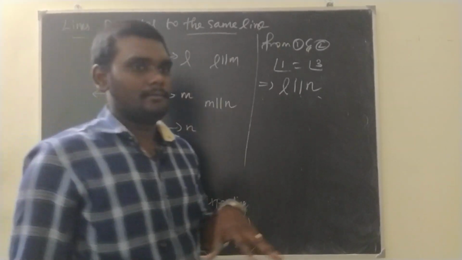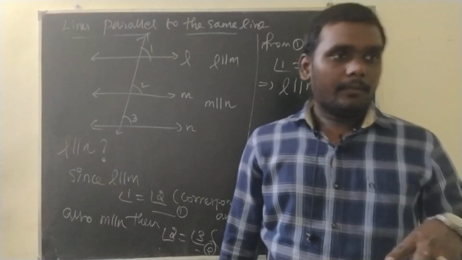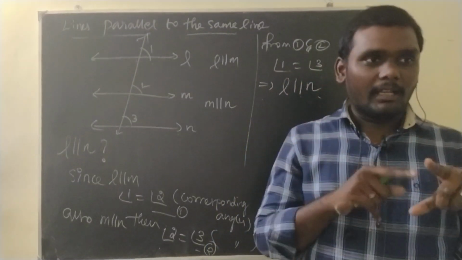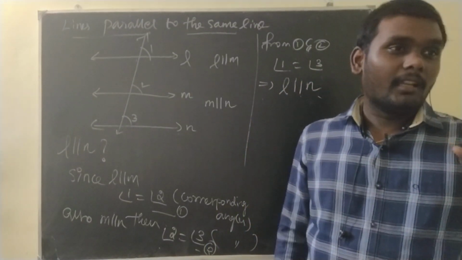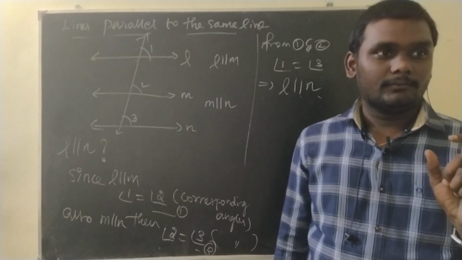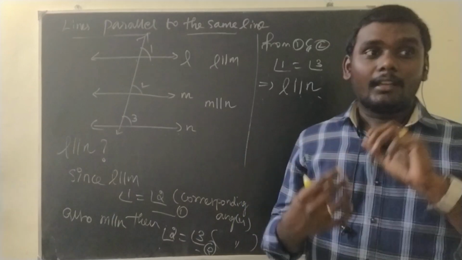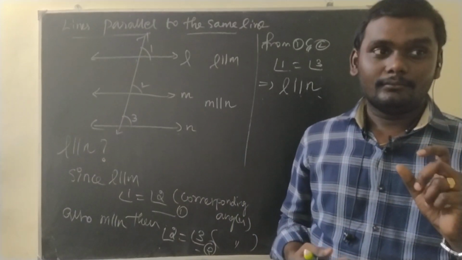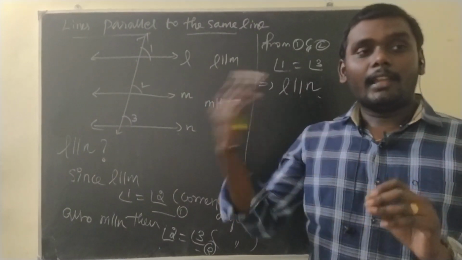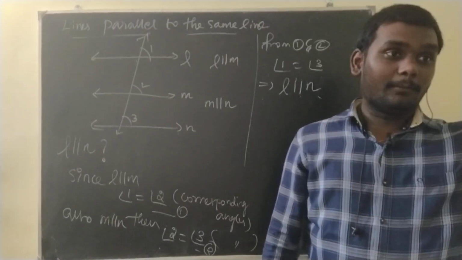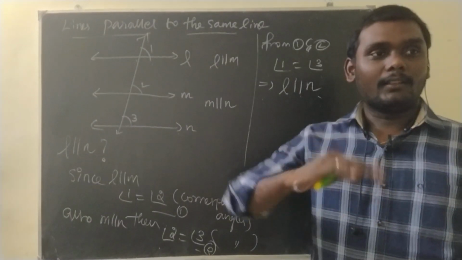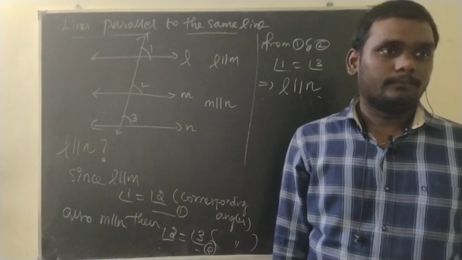There are results that if the lines are parallel, the corresponding angles are equal. On the other hand, if the corresponding angles are equal, then the lines are parallel. Same like 6.1, 6.2. One is the converse of the other.